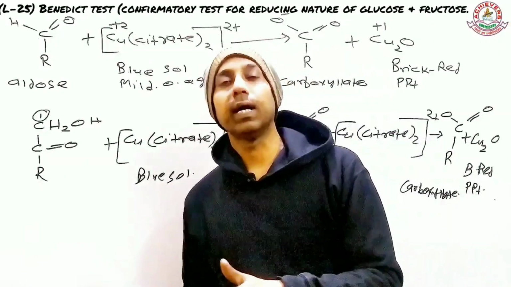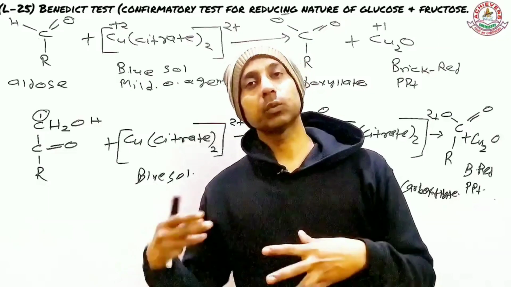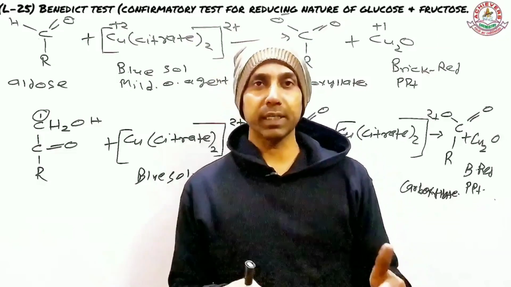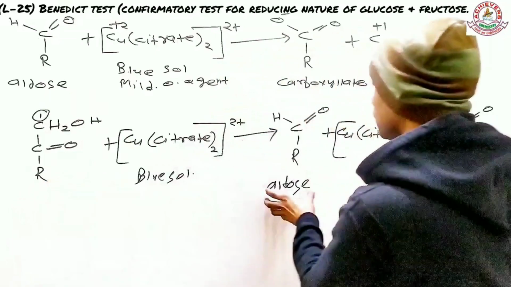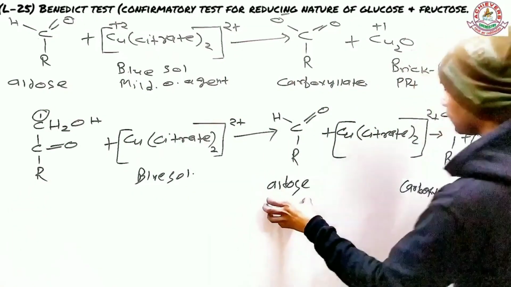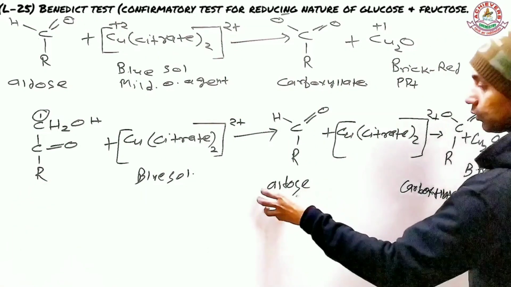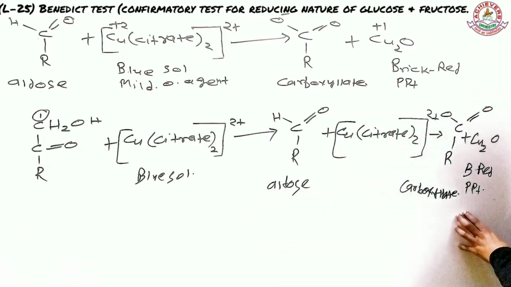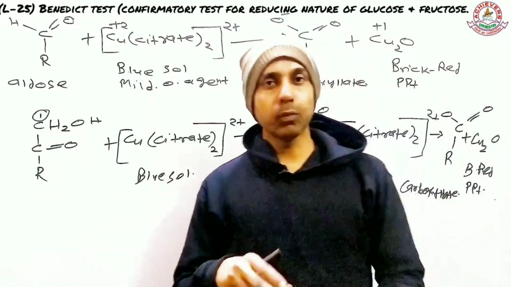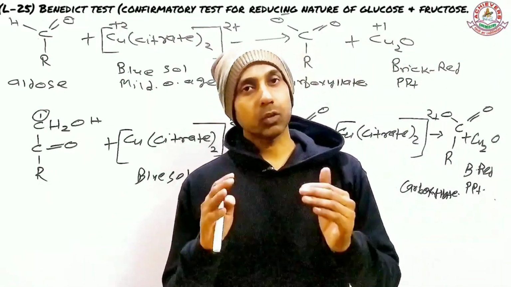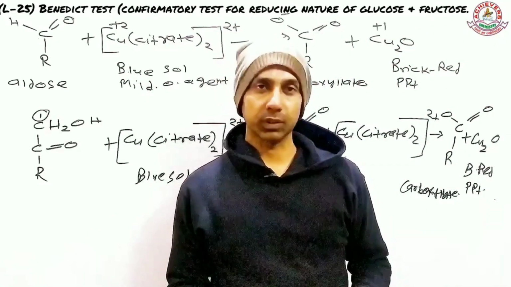First, it converts into an aldehyde, and after it converts into an aldehyde, it gives the remaining reaction like glucose. So first the fructose converts into glucose-like, and then the glucose gets oxidized and converts into carboxylate, and this is exactly what the whole reaction is about. And both of these reactions prove that glucose and fructose both are reducing sugars, right?